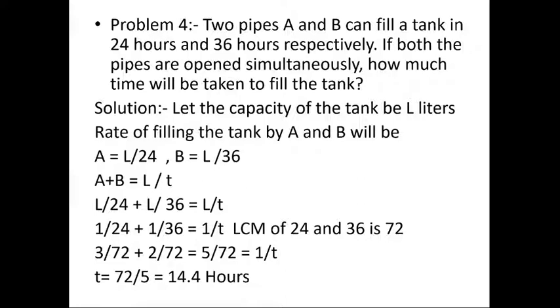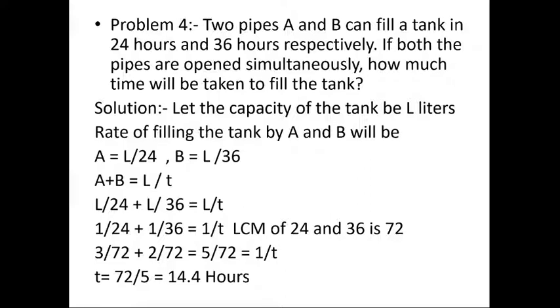Suppose both pipes are opened and they require T hours, so A plus B is equal to L by T. We couple all 3 equations and get L by 24 plus L by 36 equal to L by T. Simplifying it, we get T as 72/5. So we get the answer by solving 3 simultaneous equations. But formulation is very significant.